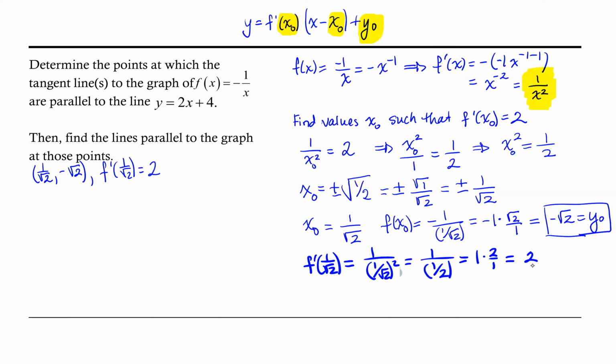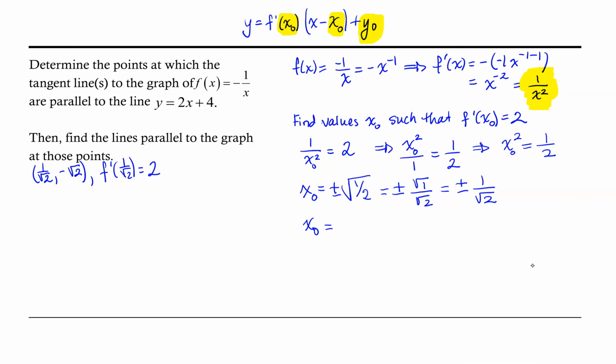And let's go ahead and repeat this process for our second point. Our second x value is negative 1 over square root of 2. So, similar process. We want to find the y value, so we need to evaluate our function at negative 1 over square root of 2, which is going to be 1 over negative 1 over square root of 2.